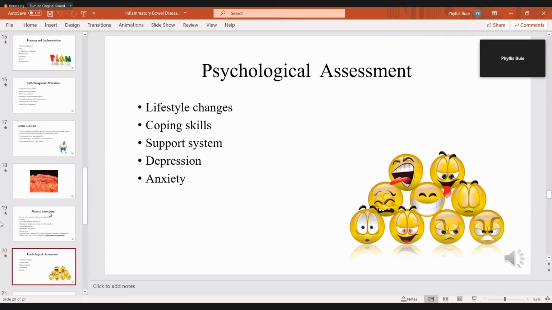What type of coping skills do they have in place, or do we need to work on helping them develop better coping skills? What type of support system do they have in place? Do they have somebody that can take them to the doctor to get their medications, to go to the grocery store for them whenever they're not feeling well? Or do they live in an area that they have access to delivery services from these different things that they need?